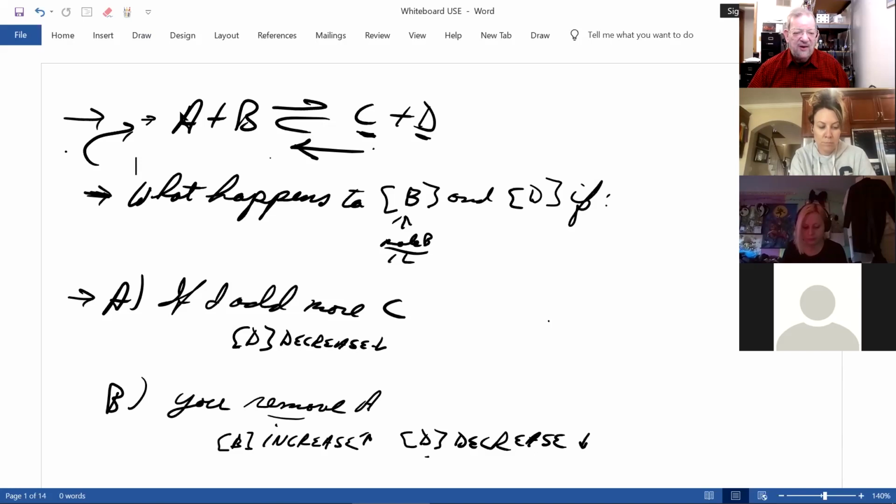Now, to get rid of the excess C, C and D react. When they react, what happens? You make more A and B. When you make more of something, do you have the same, more, or less? Well, you have more. The amount you have increases.